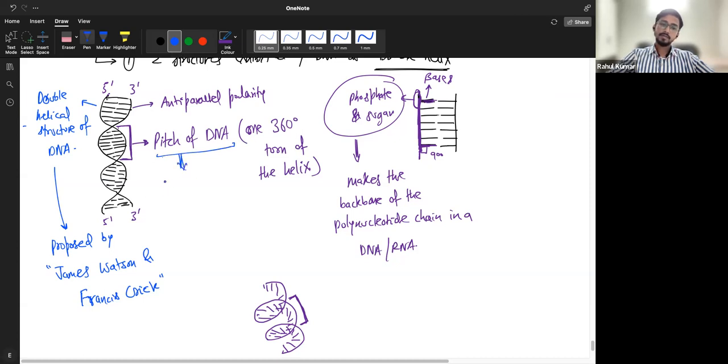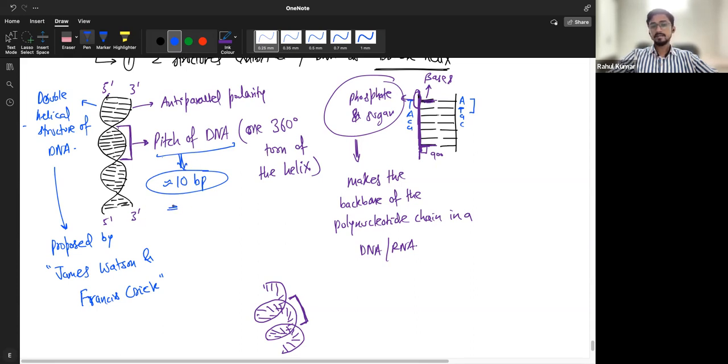And in the pitch there are around 10 base pairs. So this is one base. Let's say this is A, then this is T, this is G, and this is C. So here it will be T, A, C, G, right? So these two are adjacent pairs. Here you can see there are 10 base pairs in a pitch.